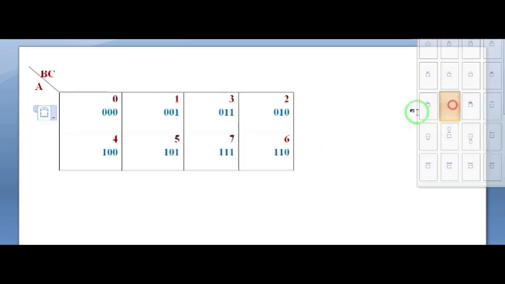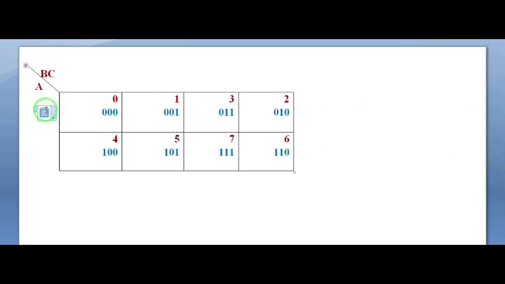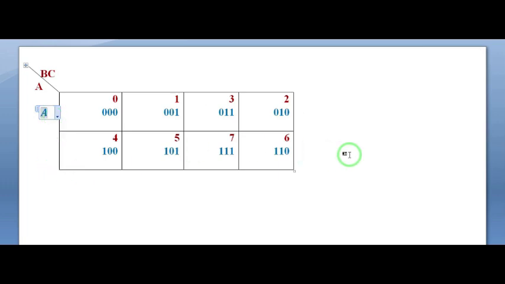Similarly, if I go for the second row, the first bit here is 1, column number 2 is 1, column number 3 is 1, column number 4 is 1. Every cell of row number 2 is going to have the common logic 1. So 1 is used to represent the variable a only. So that's why here I am writing a.